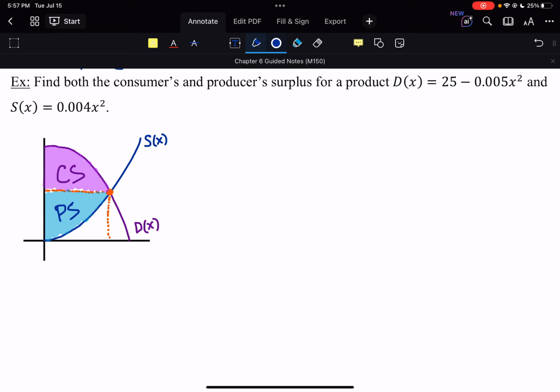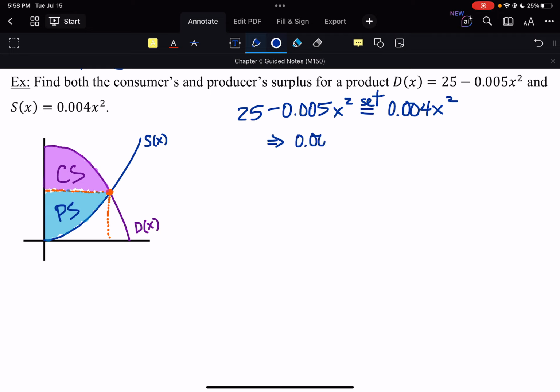Now in this case, we are not given the price at equilibrium. That's something we're going to have to figure out for ourselves. We can do that by finding the intersection point. So we're just going to set these two equations equal to each other: 25 minus 0.005x squared, and we set that equal to 0.004x squared.